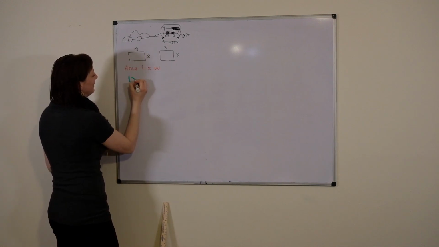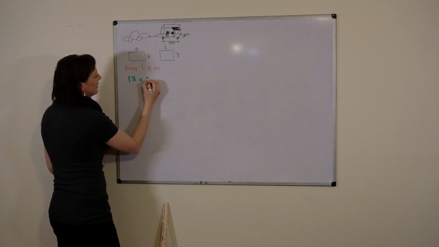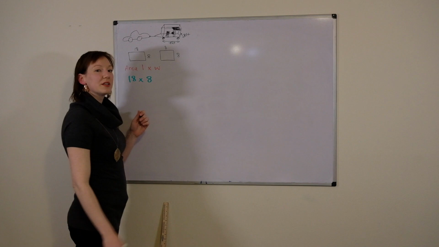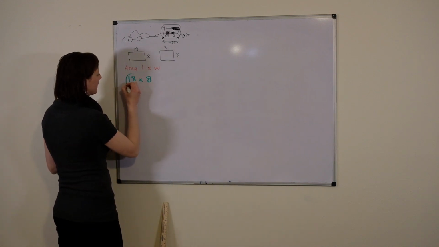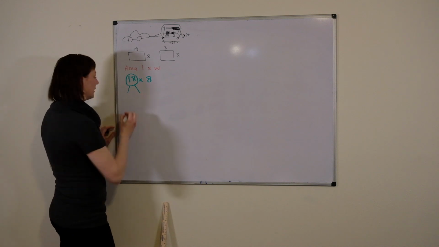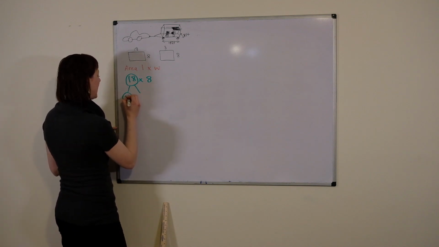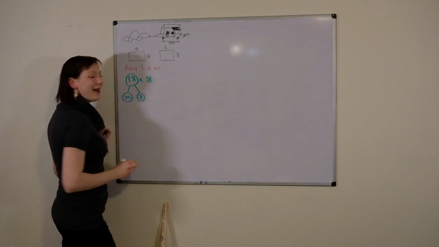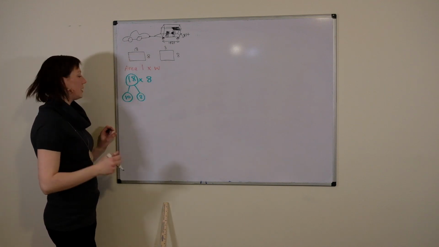So 18 times 8. 18 is kind of a big number. Let's use our number bonds and break that down. We've got 18. What makes up 18? 10, that's an easy number to work with. And 8. Now this is going to be much simpler.